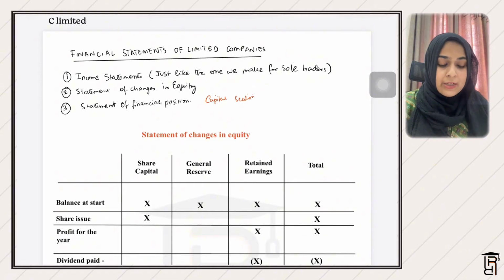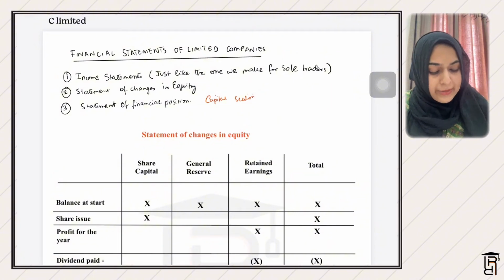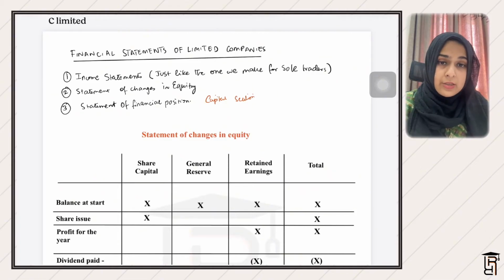What does the format of the statement of changes in equity look like? If you look here, there are these headings. There's one called share capital, normally ordinary share capital. Ordinary share capital is the amount of money that is raised through issuance of shares.